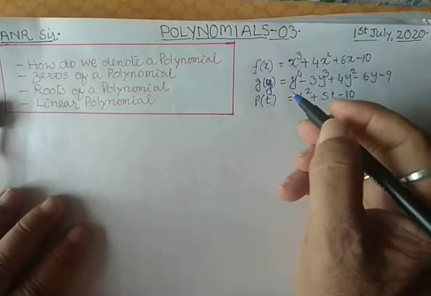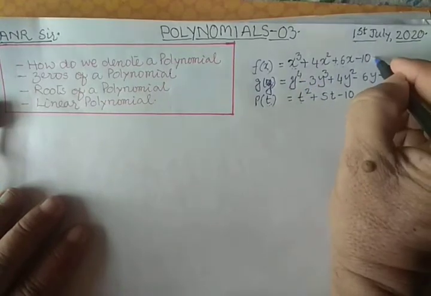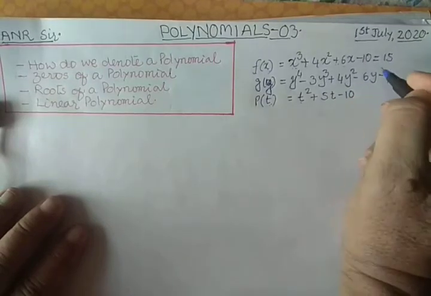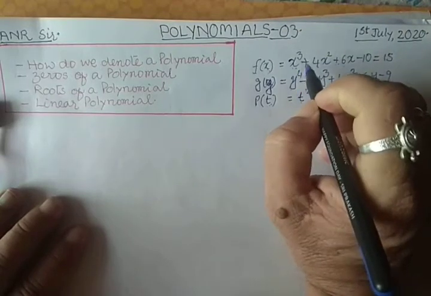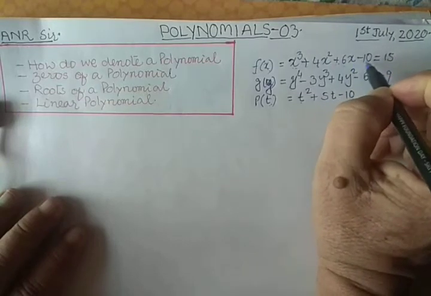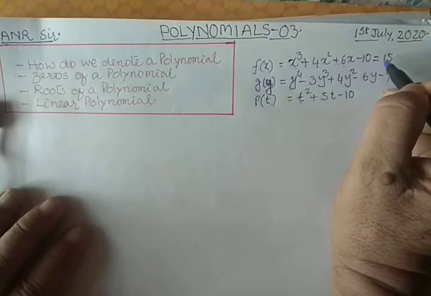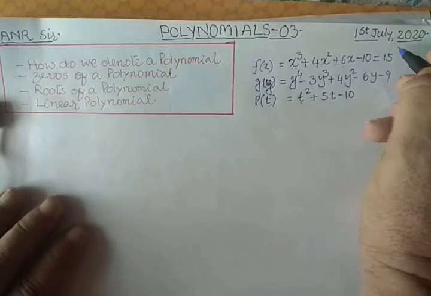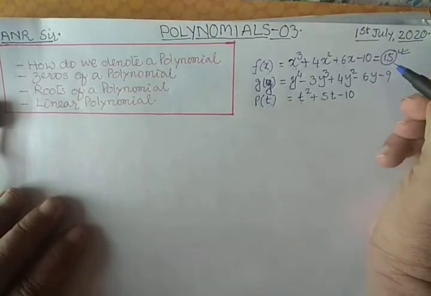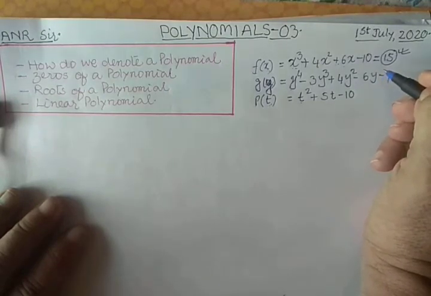Suppose here you have taken it is equal to 15. That means x cube plus 4x square plus 6x minus 10 is equal to 15 is given. Then we call this 15 as output. Clear?